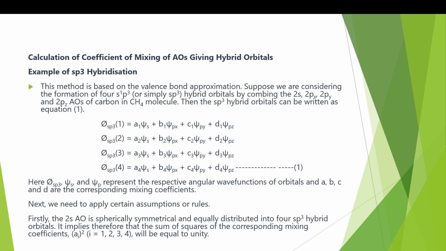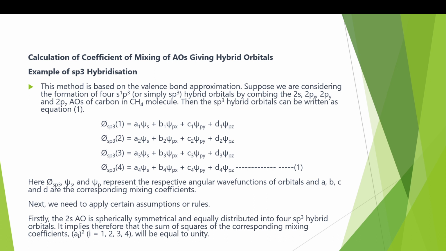The first rule is that the 2s atomic orbital is spherically symmetrical, not directional, and it is equally distributed into the 4 sp3 hybrid orbitals. It implies, therefore, that the sum of the squares of the corresponding mixing coefficients ai, where i equals 1, 2, 3, 4, will be equal to unity.